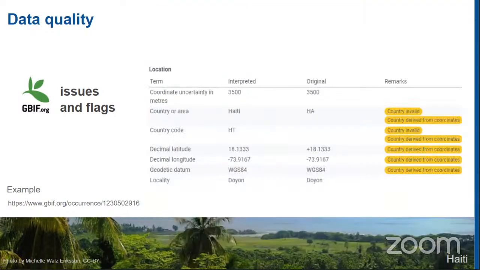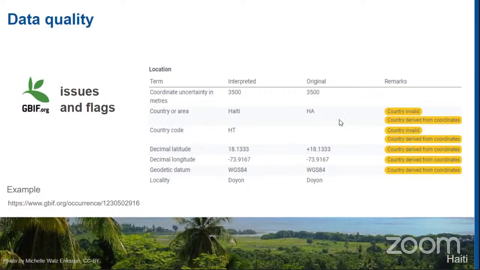If we look at that record in detail, we see here that for the country, the original value that the provider gave was HA. And that's really not a valid country value. It should be Haiti. And so GBIF flags this record as having an incorrect country value.